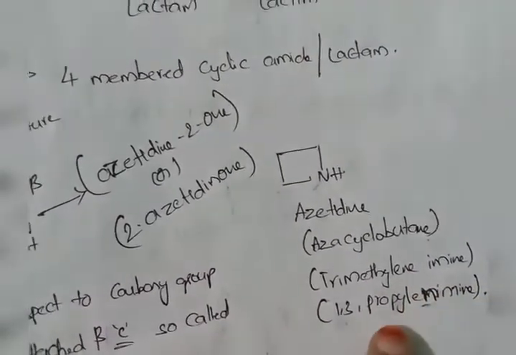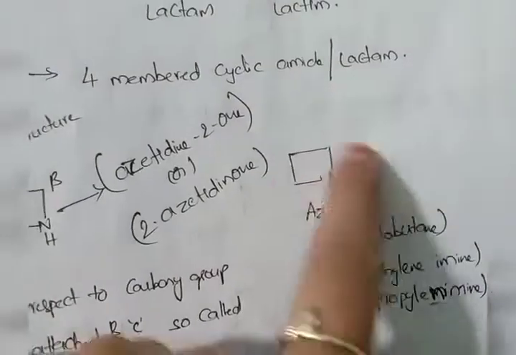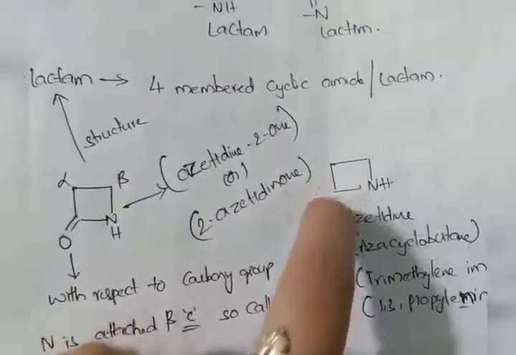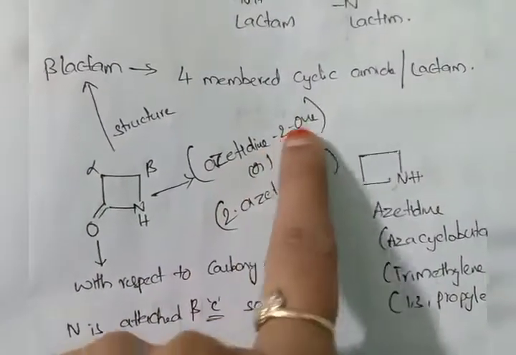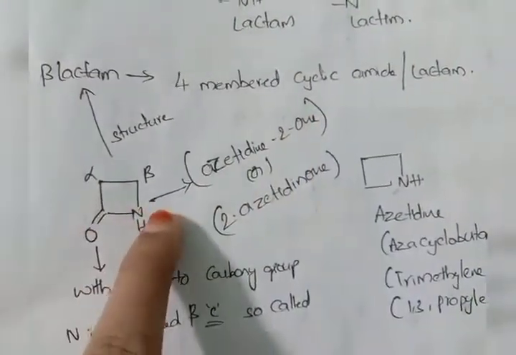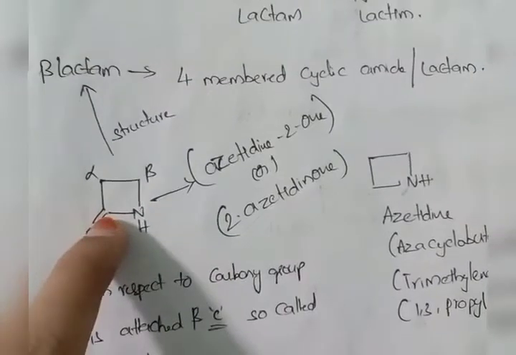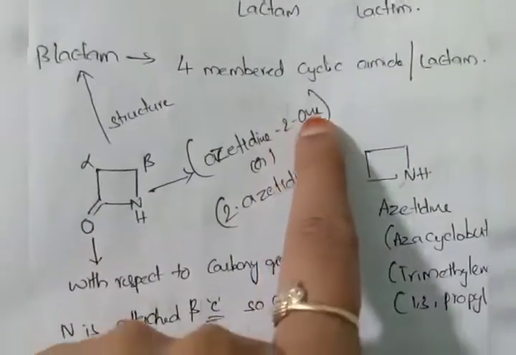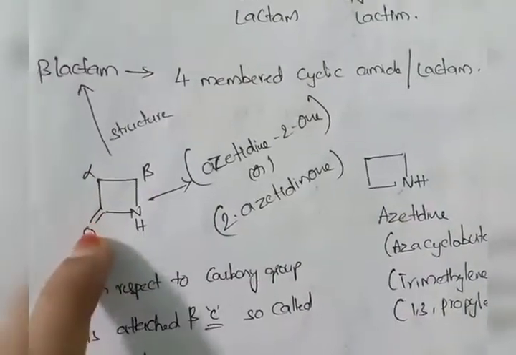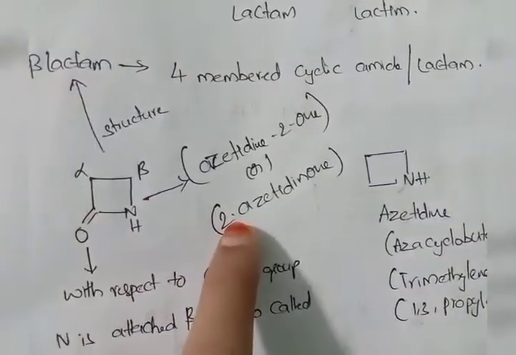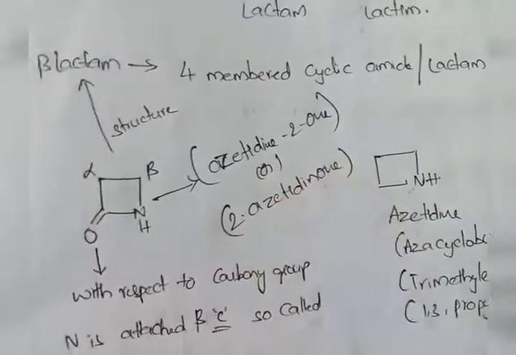Okay, 1,3-propylene imine. So to this we are going to add a ketone group. We can call it azetidine-2-one, as at the second position, this is 1, this is 2, the ketone group is there. So 2-one azetidine, otherwise we can also call it 2-azetidinone.